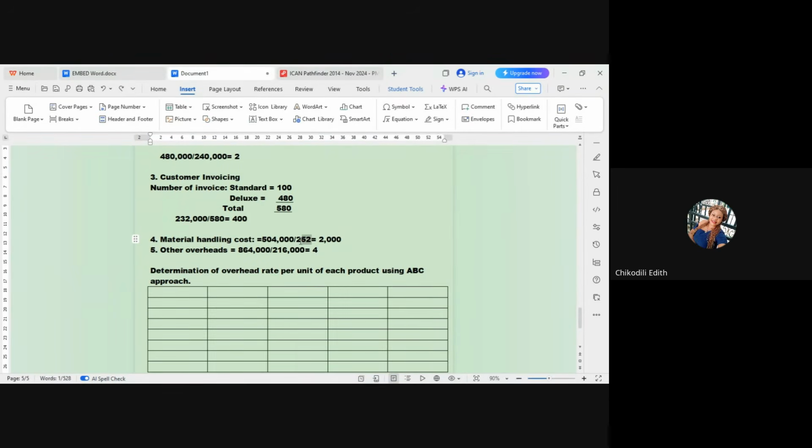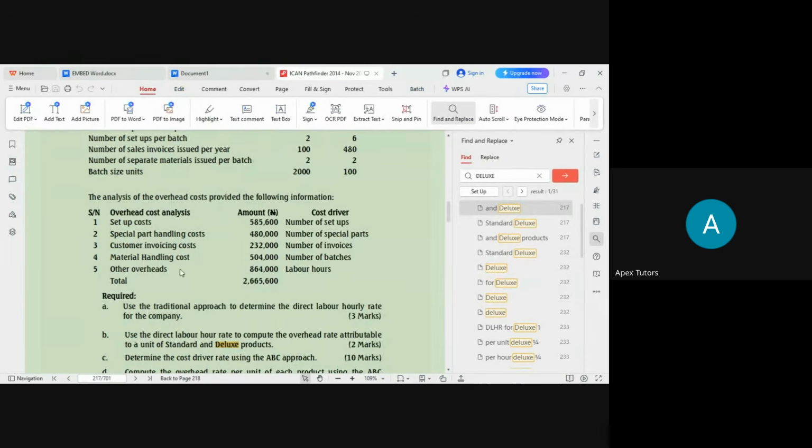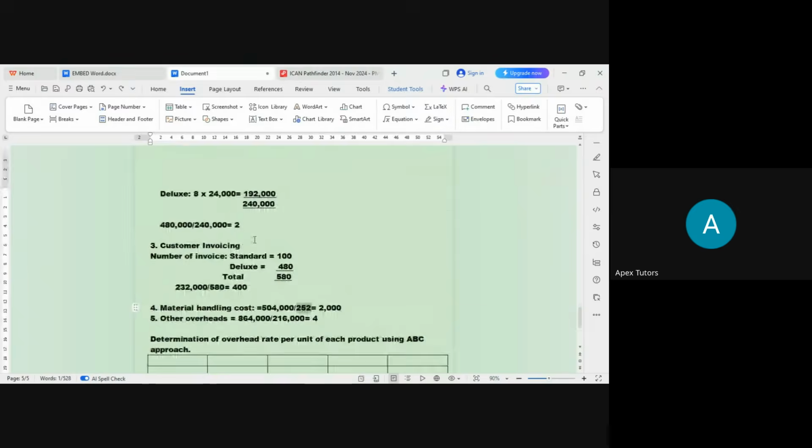So are we not supposed to multiply with the number of setups? No, sir. Material handling costs. See the interpretation, sir. Material handling cost, number of batches. How many batches do we have? If you followed from the beginning, sir.